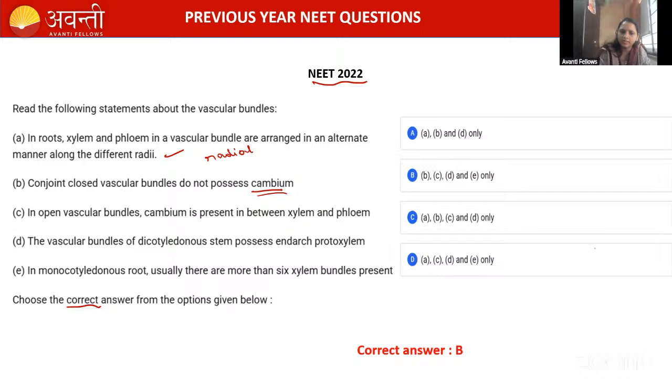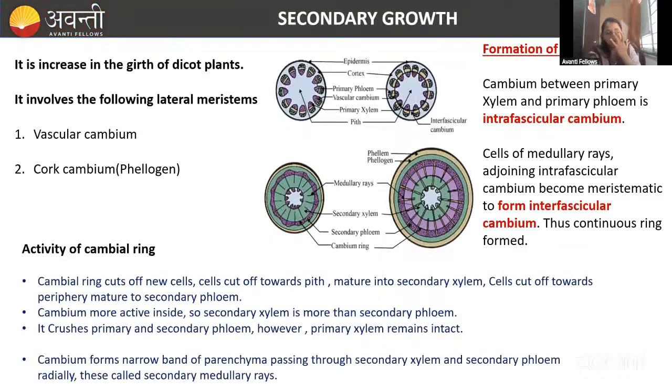That is also correct. In the open vascular bundle, cambium is present. Yes, they are open to secondary growth. That is correct. The vascular bundle of the dicotyledon stem possesses the endarch. Yes, stem contains endarch, root contains exarch. That is correct. The monocotyledon root usually has more than 6. Yes, correct. That is polyarch. All are correct here. Okay, fine. These all are the questions, guys.